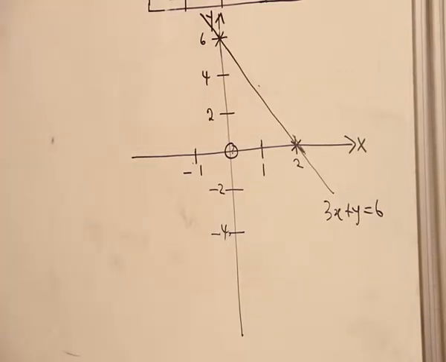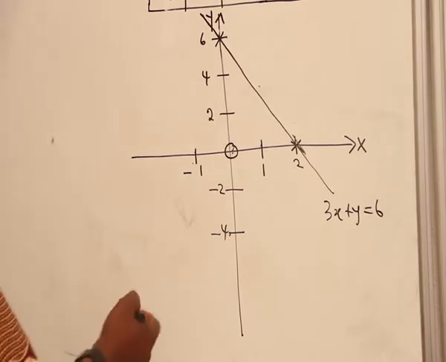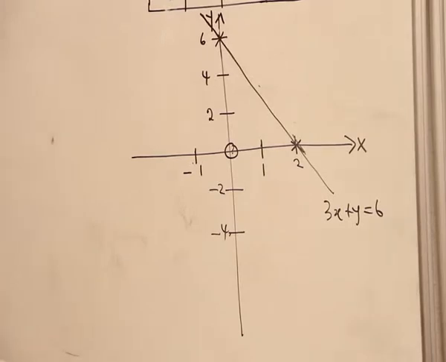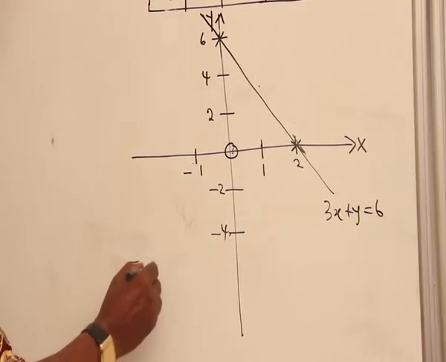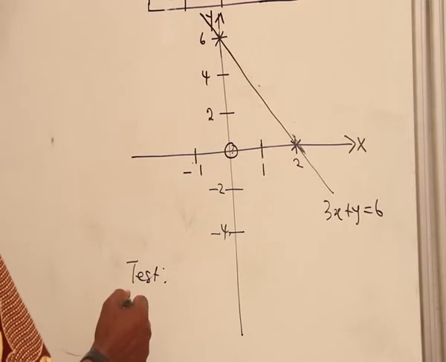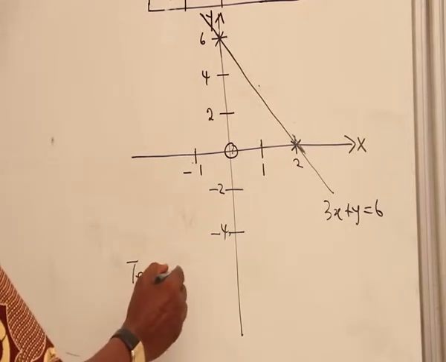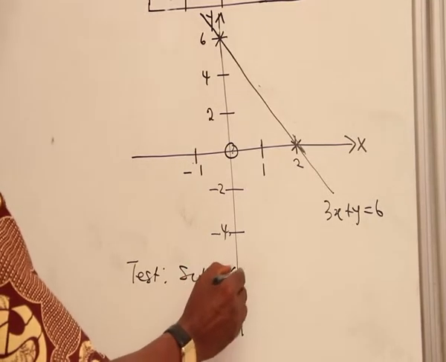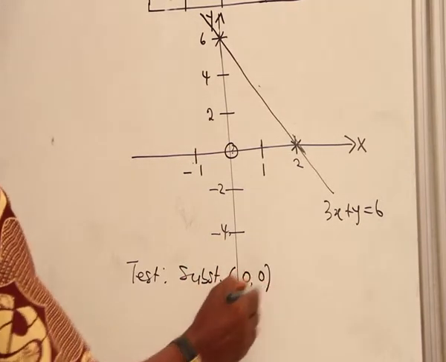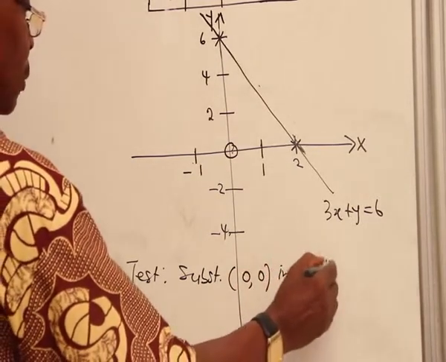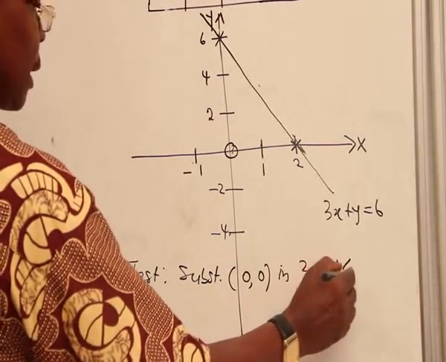Now let's go. What do we do? How do I know the region to shade? Is it up or is it down? For us to know the region that we are going to shade, you will carry out a simple test. And the test is to substitute the point x equal to 0 and y equal to 0 in the inequality 3x plus y less than or equal to 6.